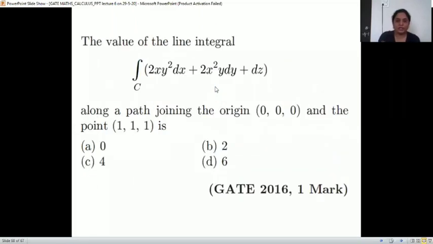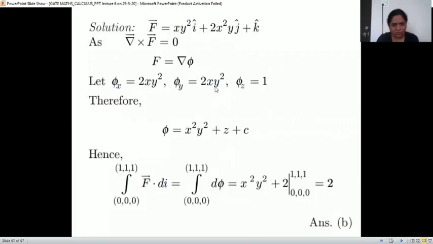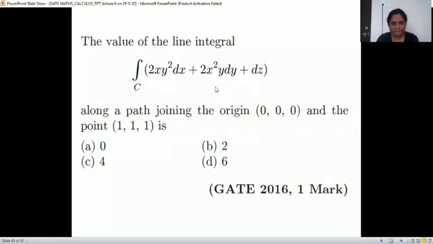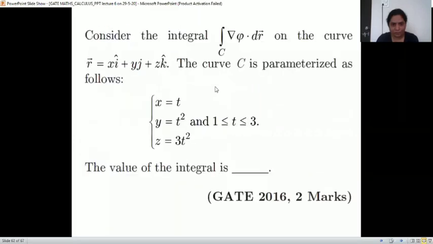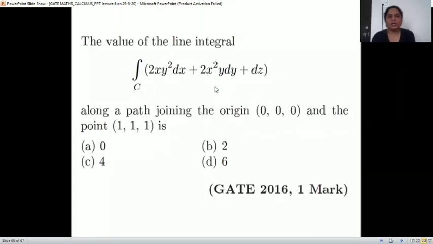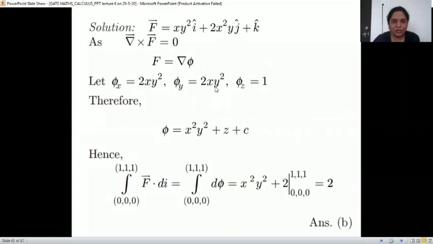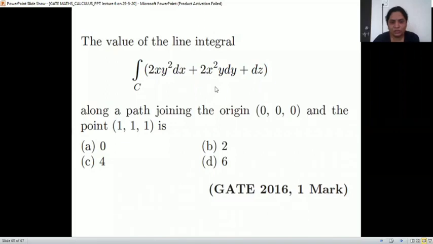The value of the line integral, integration along the path joining the origin 0, 0, 0 to the point 1, 1, 1 is. Okay, the value of the line integral is asked, and whatever is your given thing, 2x y square dx plus 2x square y dy.